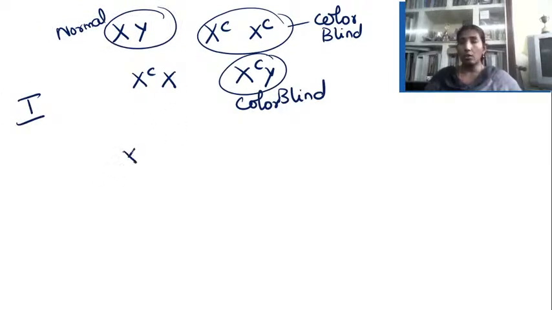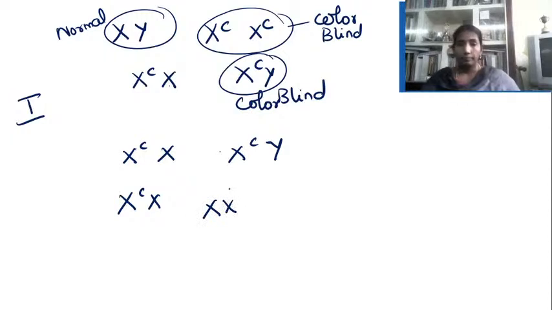Now this daughter, if she gets married to a person who is colorblind, what will happen? So here you can see XCX, and then XC, then they'll have XX.